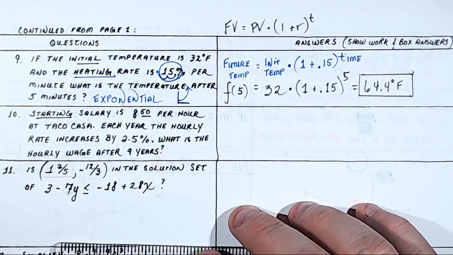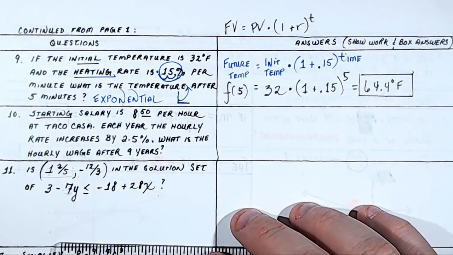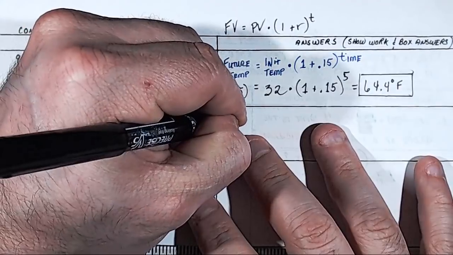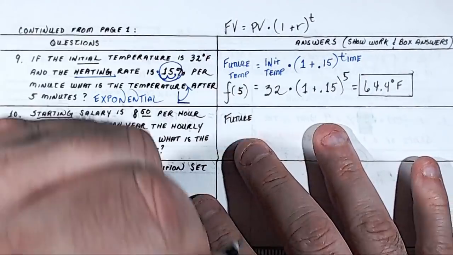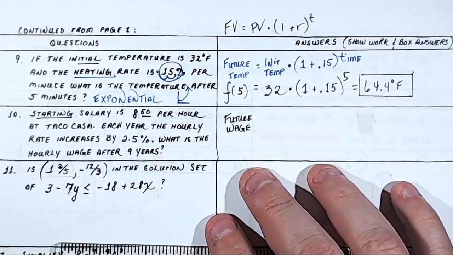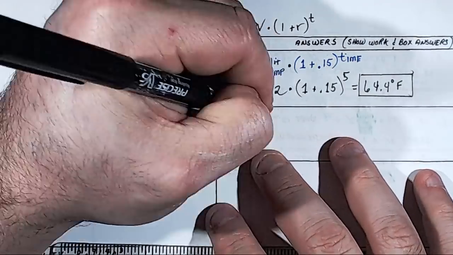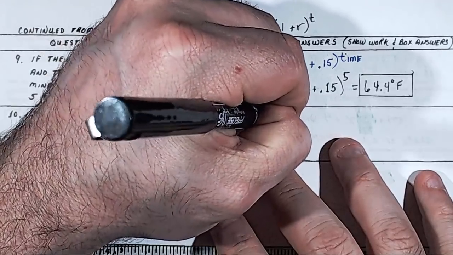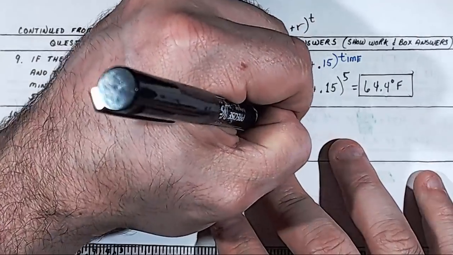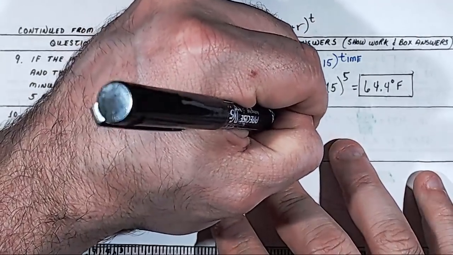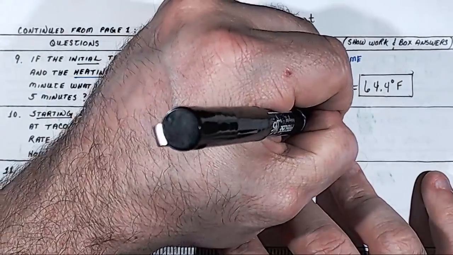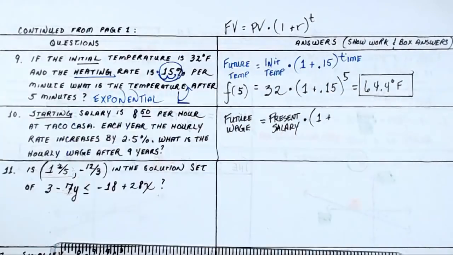All right? So a couple things. I need to write out future wage or salary, future wage is equal to the present or starting salary times, open parentheses, 1 plus, now I need to find the rate.